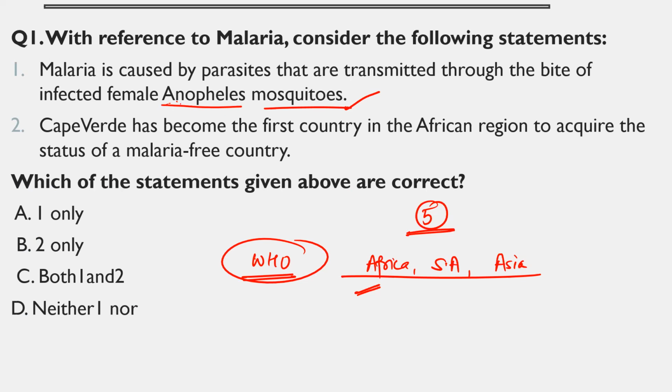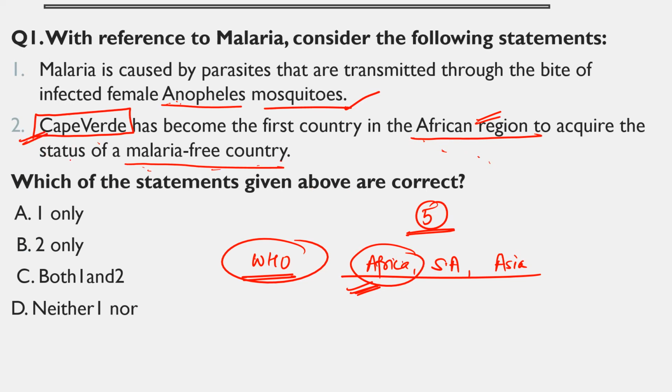If I talk about the first country in the African region, as I told you, Africa is the most dominant region where you find these cases of malaria. So the country in the African region which has been certified as a malaria free country is Cabo Verde. Sorry, not Cape Verde, it's Cabo Verde.